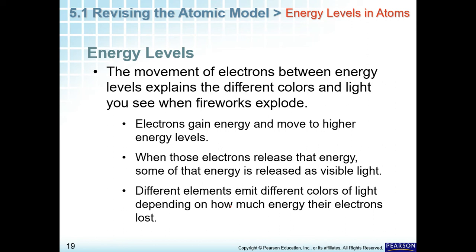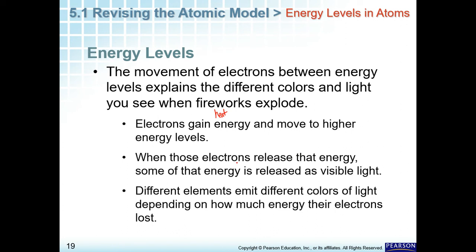Now, this movement of electrons between energy levels is a perfect explanation of why we see different colors of light when we look at fireworks or when an iron scroll is heated. What happens is electrons usually gain energy, and they do this usually in the form of heat. So if you heat something up or a firework explodes, this heat or energy is taken in by an electron, and these electrons move to a higher energy level.